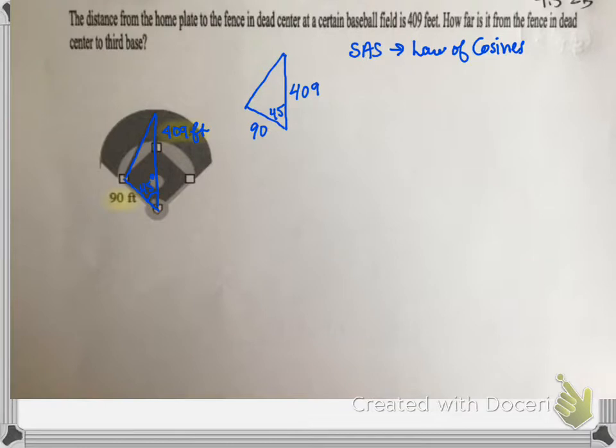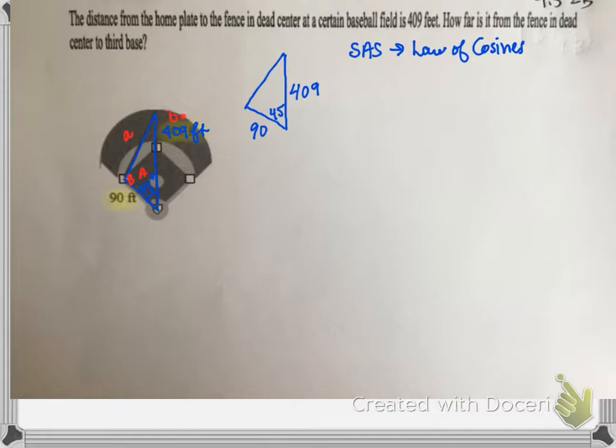Okay. So I'm going to label some stuff really quick too. I'm going to fix this pen really quick. Okay. So let's say I'm going to call 45 angle A. So therefore side A, I don't know. And I'm going to call angle B right over here.